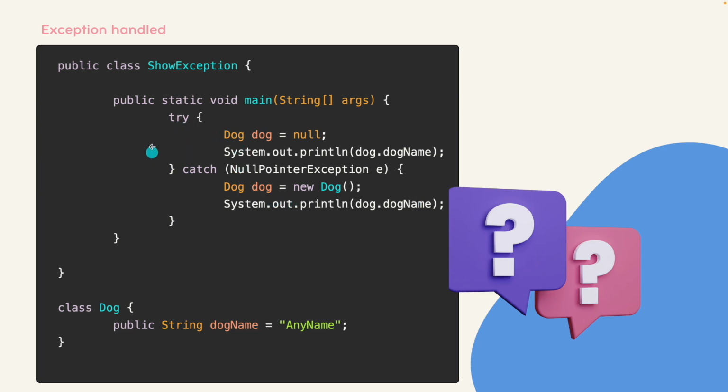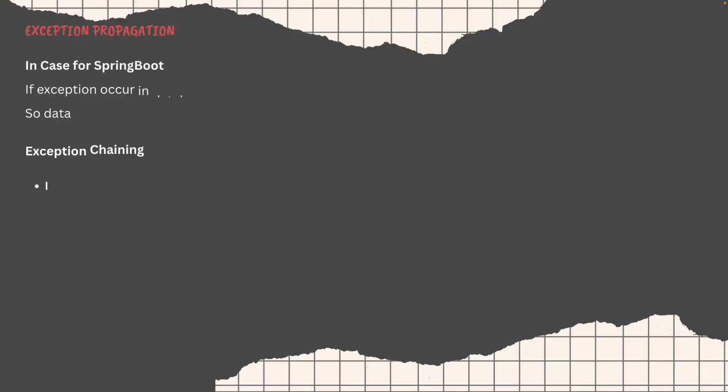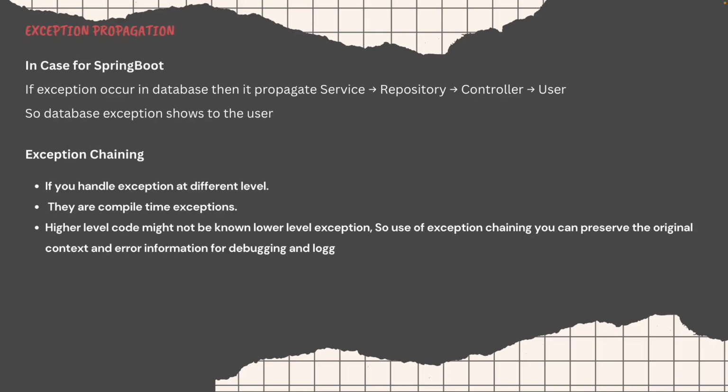And the next topic is how the exception actually propagates. Like if we have the controllers, then the repository, services, and then the database connections. If the exception occurs at the database level, how does it propagate to the controller or to the user?